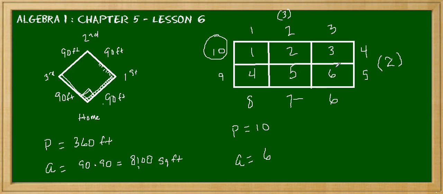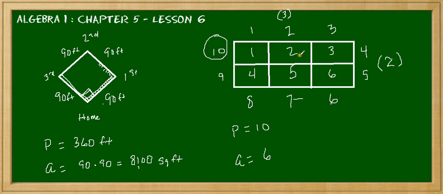So that's what we're looking at when we're talking about area and perimeter. You must understand, turning to page 214, that the perimeter of a rectangle or any geometric figure bounded by straight line segments is the sum of the lengths of its sides.